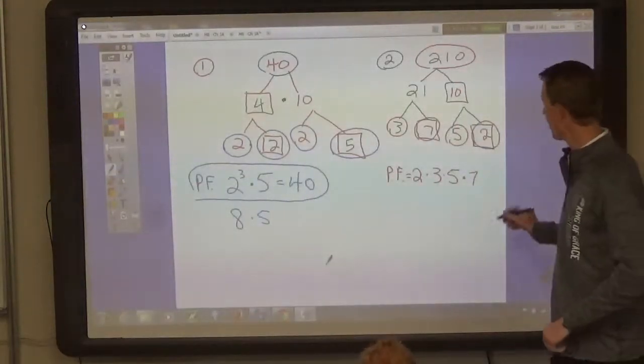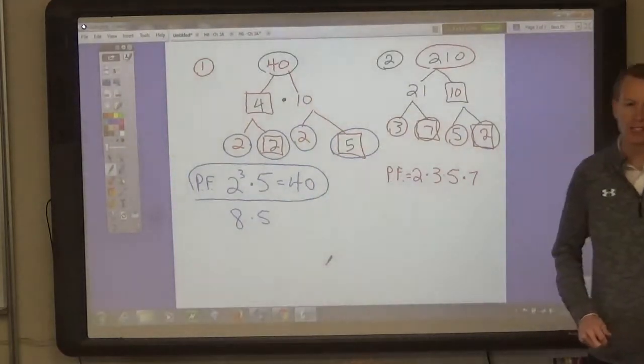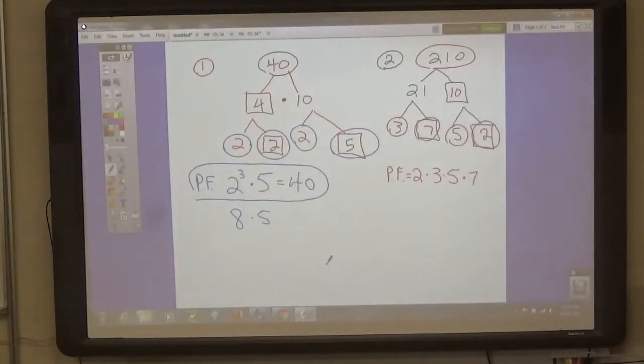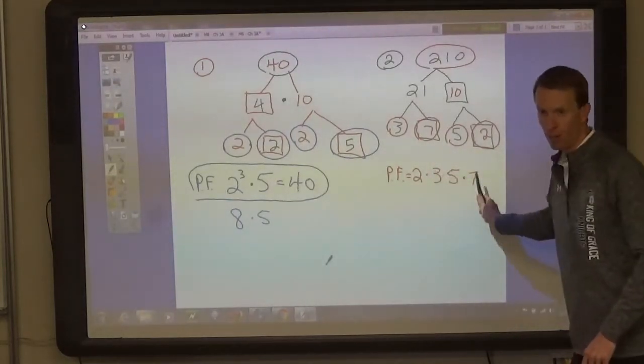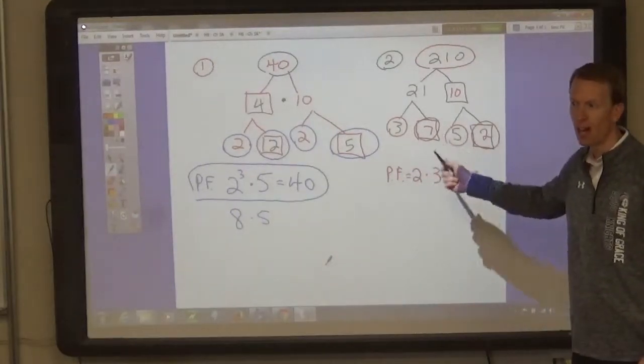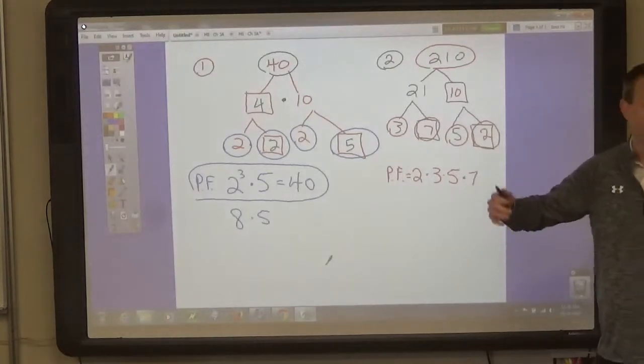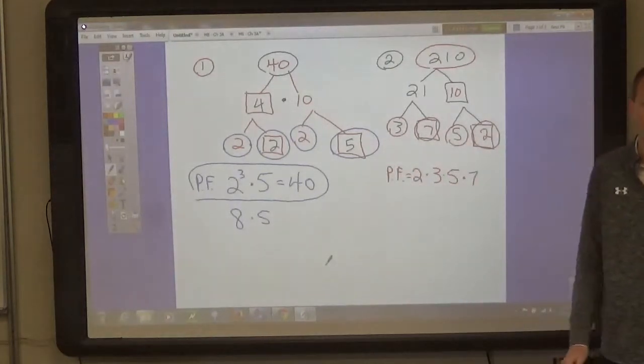11. Yeah, 11, right? So if the question was, what is the lowest composite number of consecutive prime numbers, that's how you would find it. 2 times 3 times 5 times 7 times 11, or times 13, or times 17, and so on.